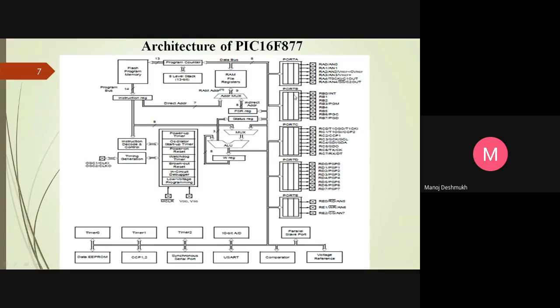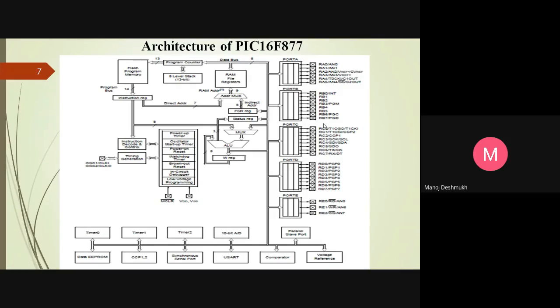After that, similar to port A, if we draw the IO pins for port B, here port B has 8 IO pins. So you have to draw the 8 lines and mention the pin name RB0, RB1, RB2, RB3 up to RB7.